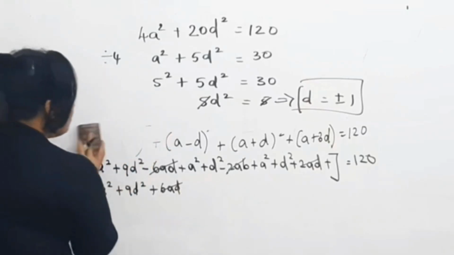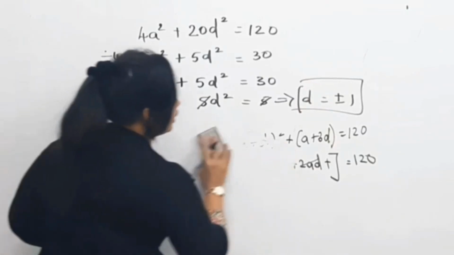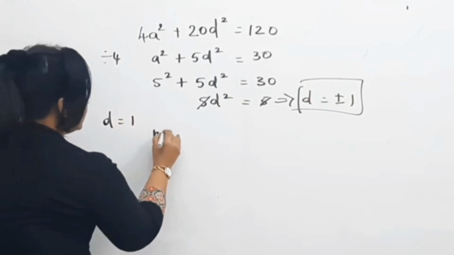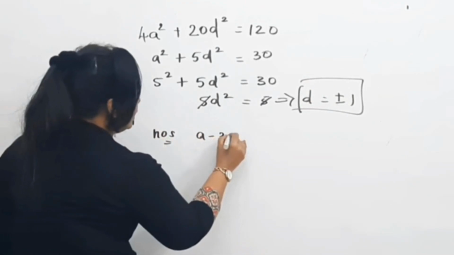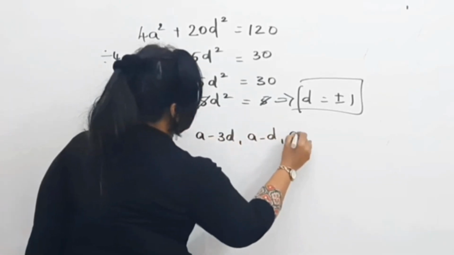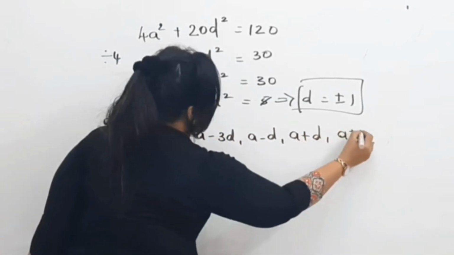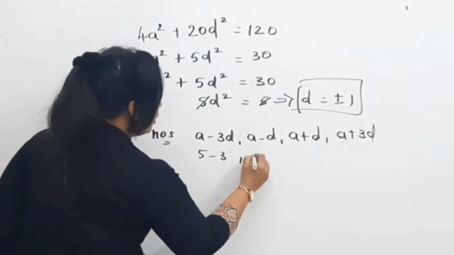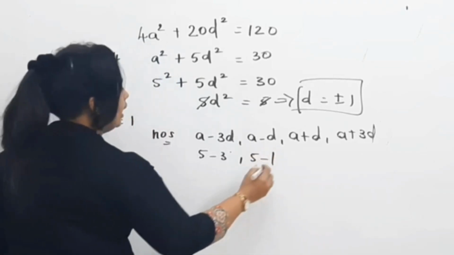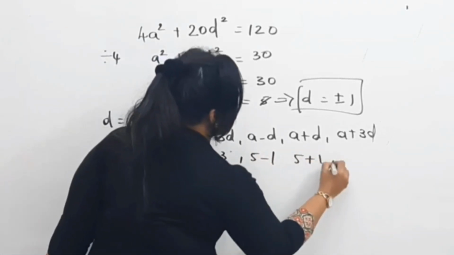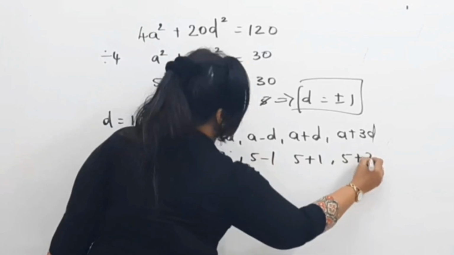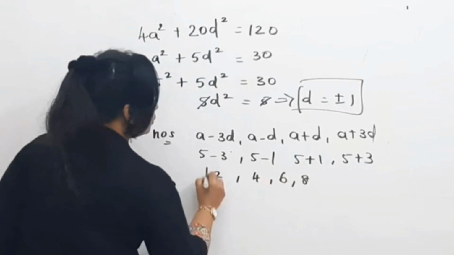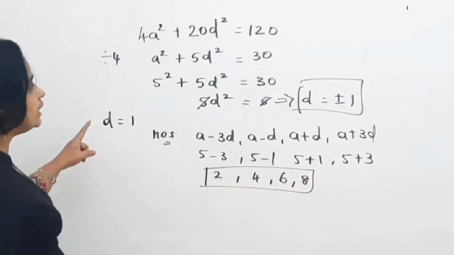So there are 4 numbers I have to find. First, when d is equal to 1, the numbers are a minus 3d, a minus d, a plus d, and then a plus 3d. So I would have 5 minus 3 into 1, 5 minus 1, 5 plus 1, and then 5 plus 3 into 1, that is 2, 4, 6, 8. So this is my AP when d is equal to plus 1.